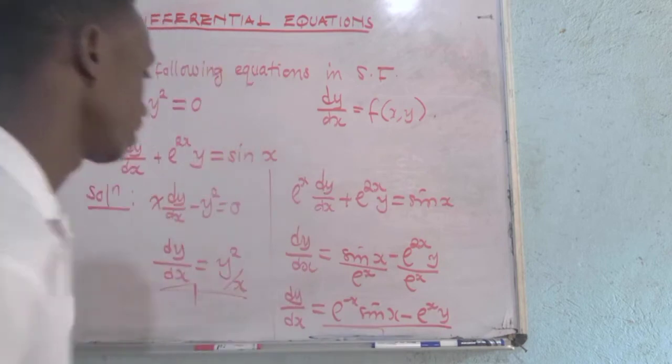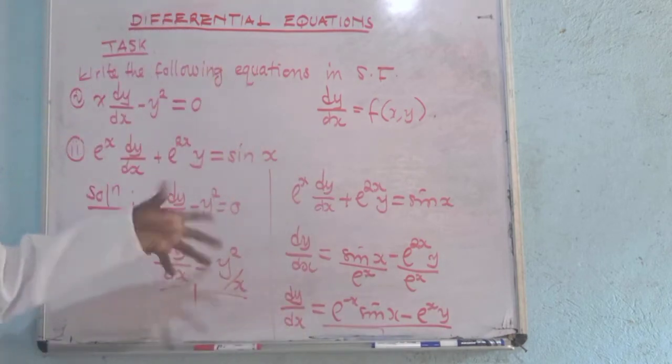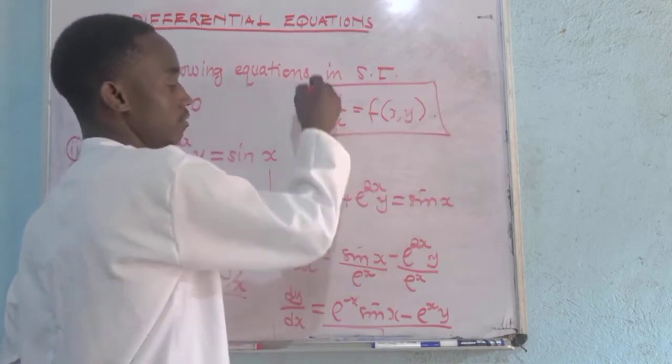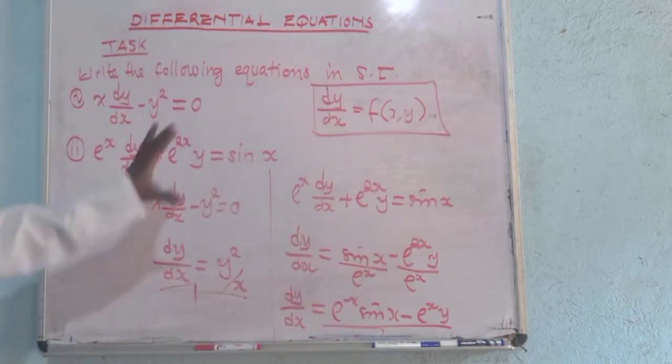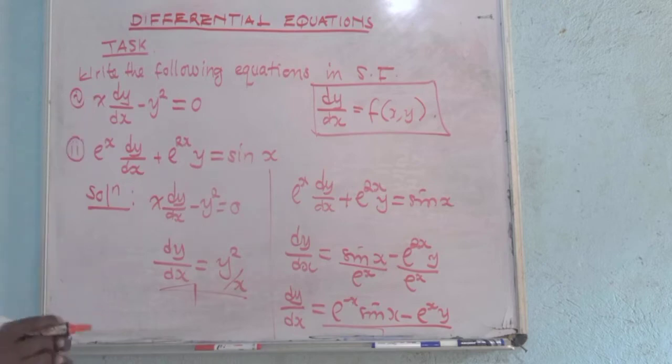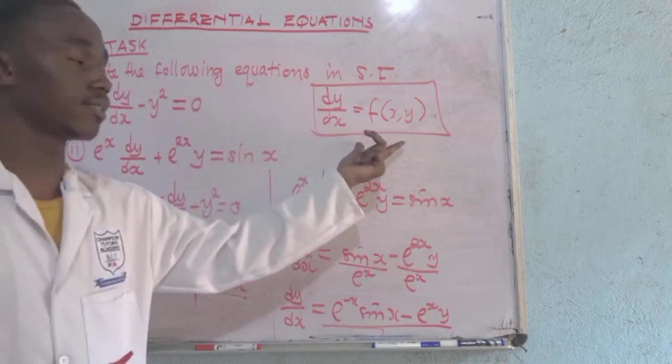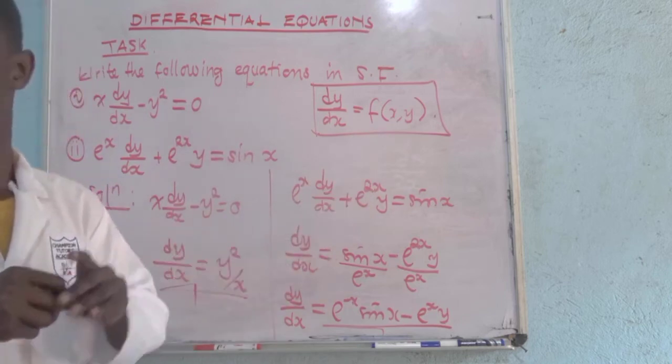So this is the way you write an equation in standard form, the standard form of any differential equation like that. Okay, from here let us proceed and see other things that we can look at on differential equations.